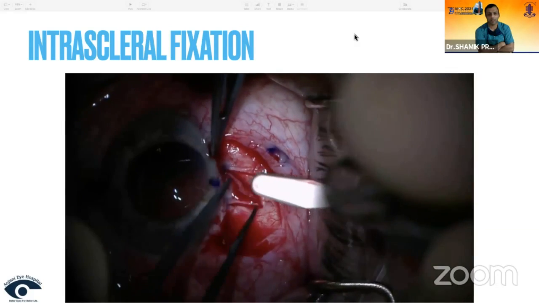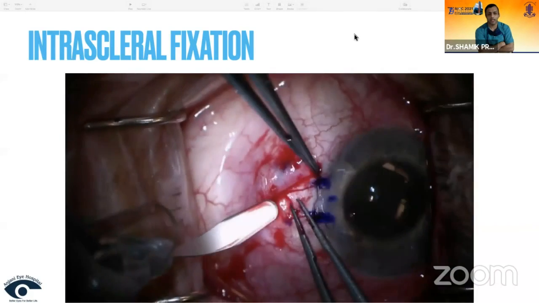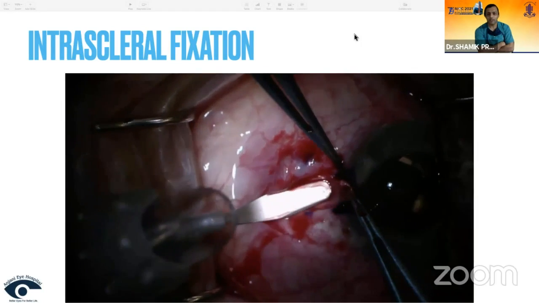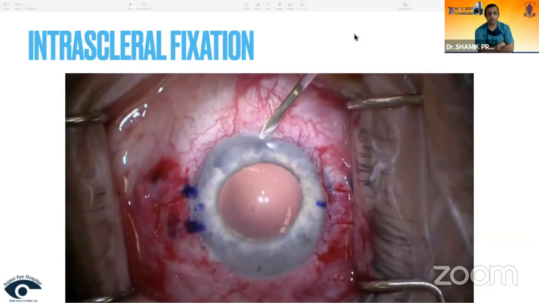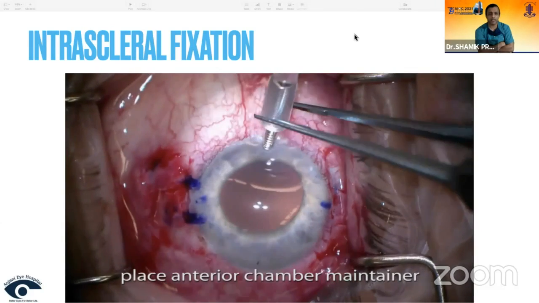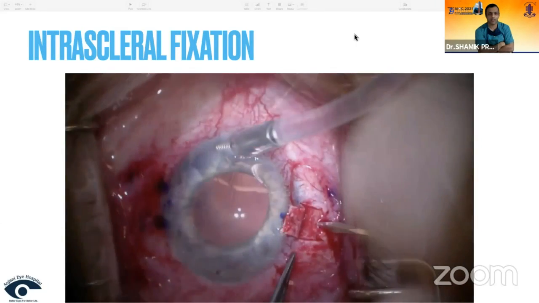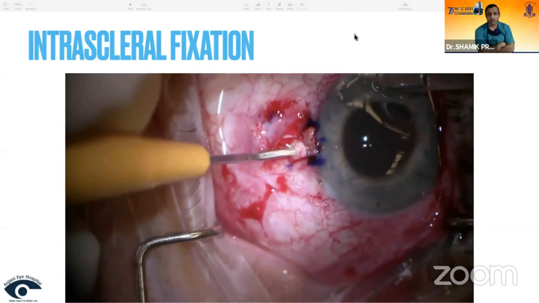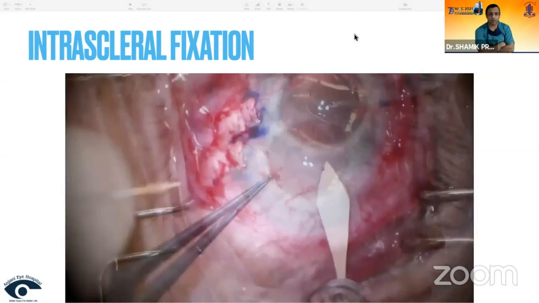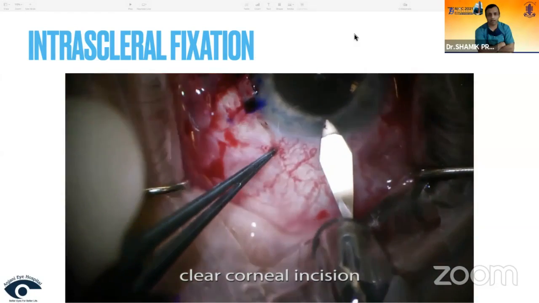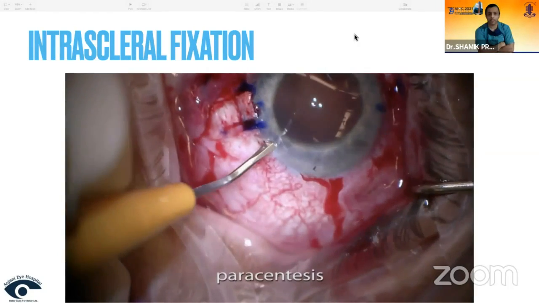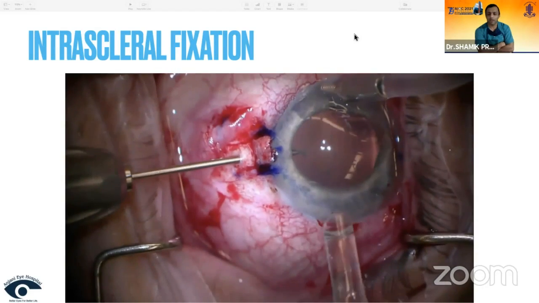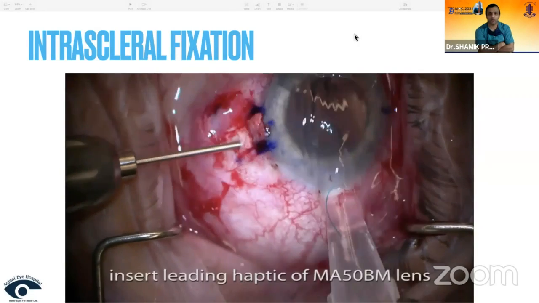A partial thickness scleral flap is fashioned on one side and then on the other side as well. Once the flaps are made, we make an AC maintainer port in the sclera, and the AC maintainer is placed. Next comes the MVR, with which we make scleral incisions so that we can pass the haptics of the lens.